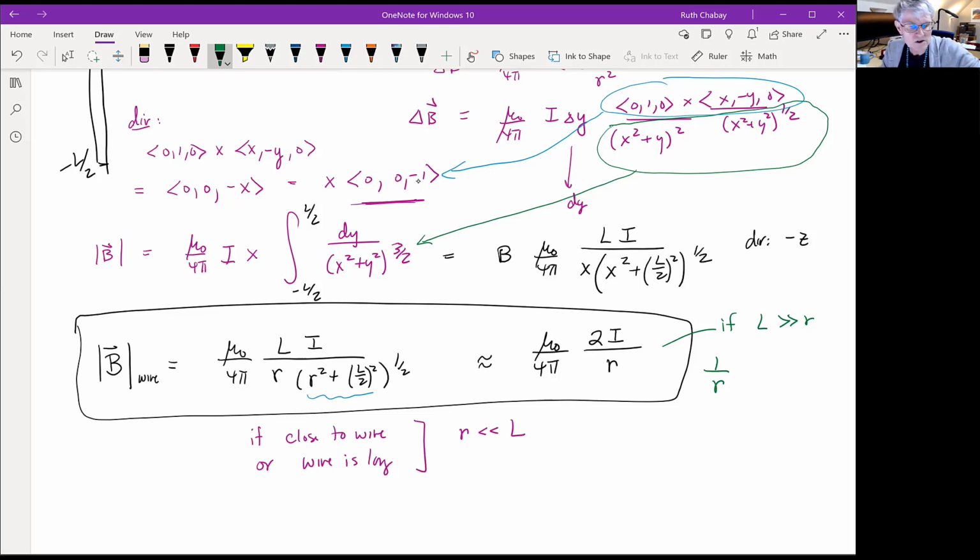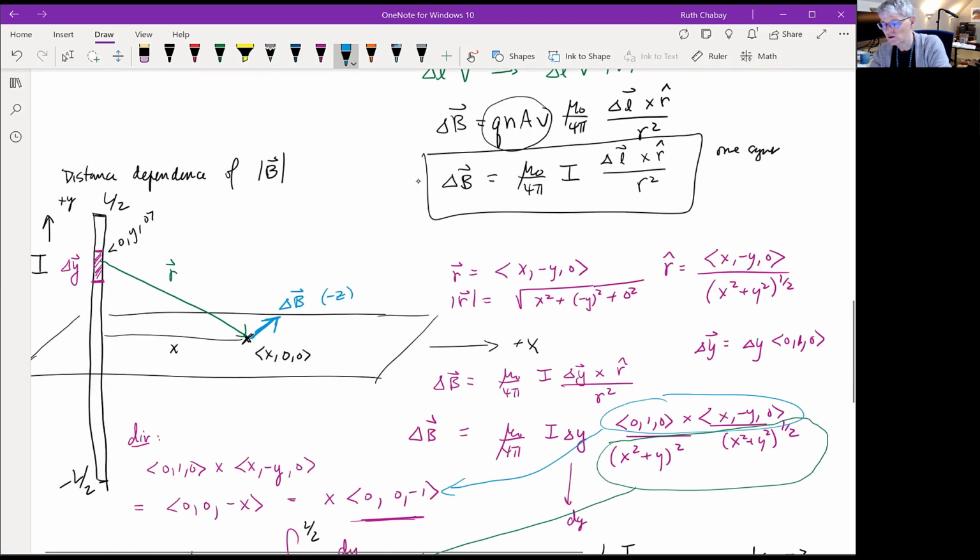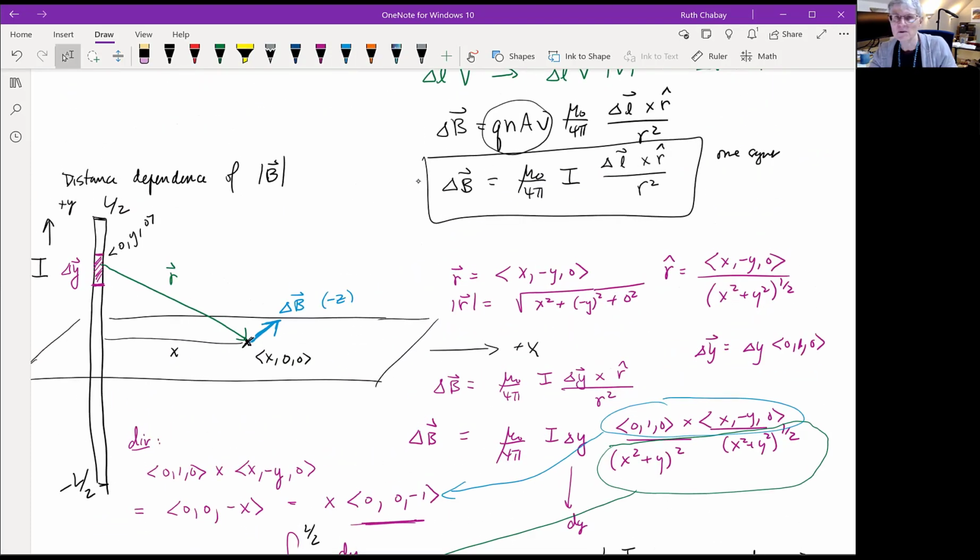Now notice this is not a vector. And you don't have to memorize this, it will be on equation sheets, but notice that it is not a vector. And notice that we certainly can't use an r hat to get the direction, because the direction of r hat and the direction of the magnetic field are utterly different.